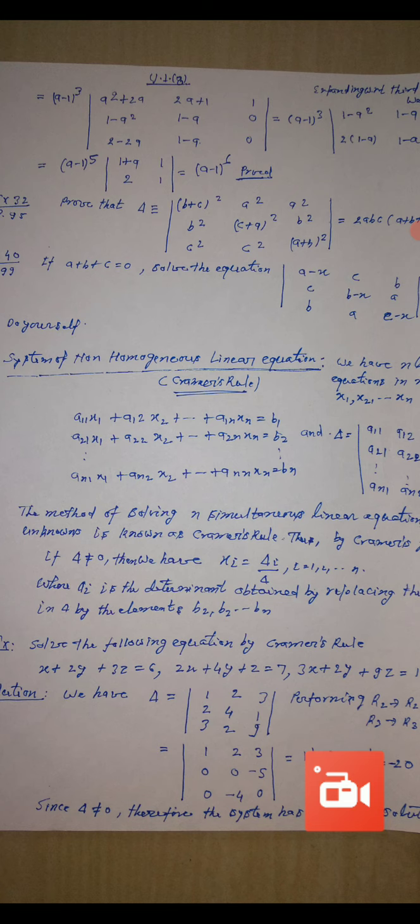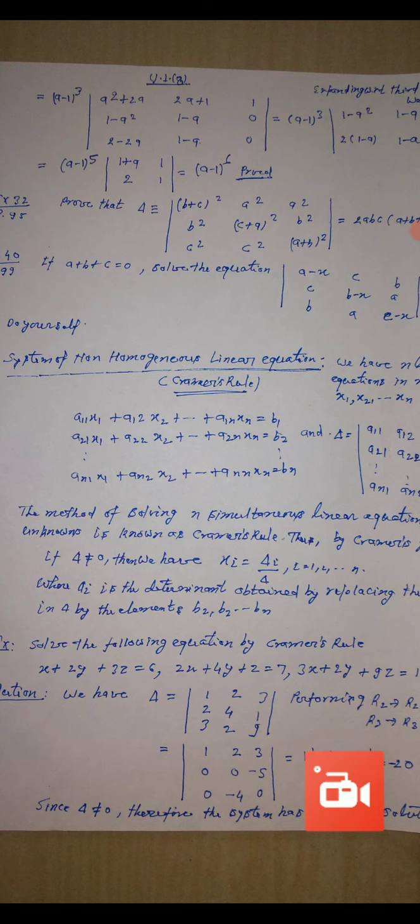Example: solve the following equations by Cramer's rule. x plus 2y plus 3z is equal to 6, 2x plus 4y plus z is equal to 7, 3x plus 2y plus 9z is equal to 14.